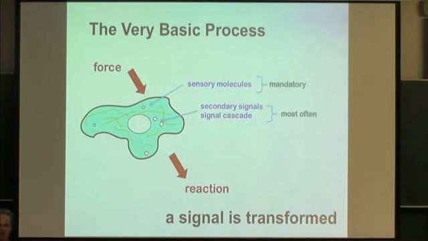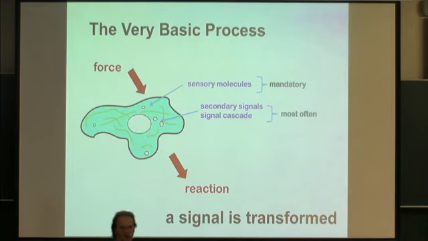The basic effect that's going on is some force impinging on, here, a cell. That's actually how a physicist would see a cell. It's just some squishy bag with some material in there. Then you must have a first sensory process occurring in some molecule. So you must have a primary sensor for that force coming or that deformation, otherwise you wouldn't have a reaction. Afterwards, you have secondary signal cascades.